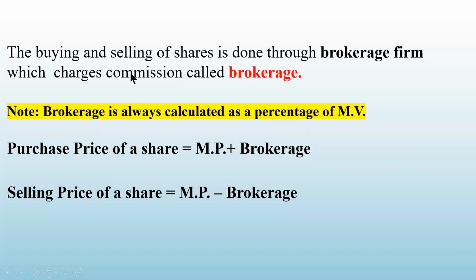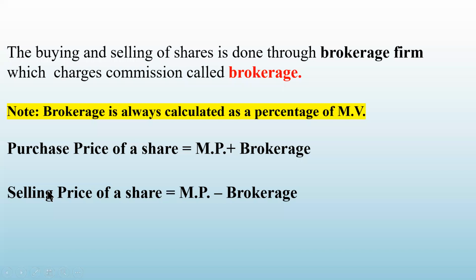Then I mentioned before also that whenever you purchase or sell shares, you have to pay the brokerage. So the purchase price of a share is market price plus brokerage, because whenever you are purchasing shares, you are not just giving the market price, you are also paying the brokerage.